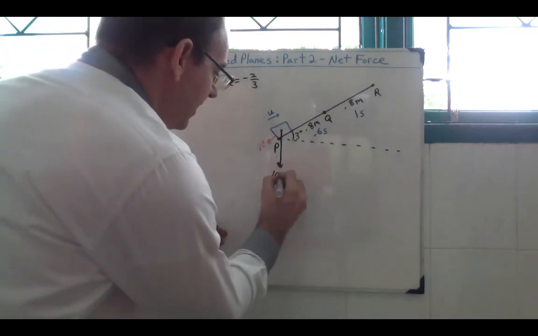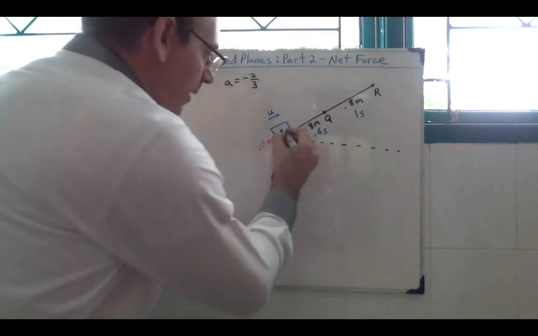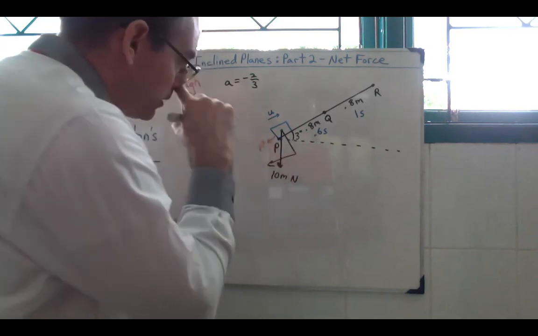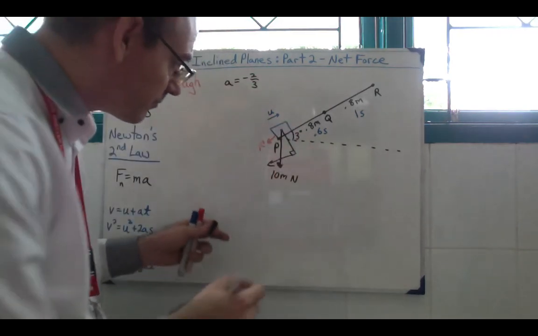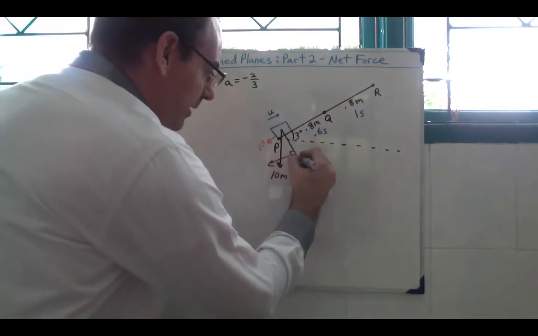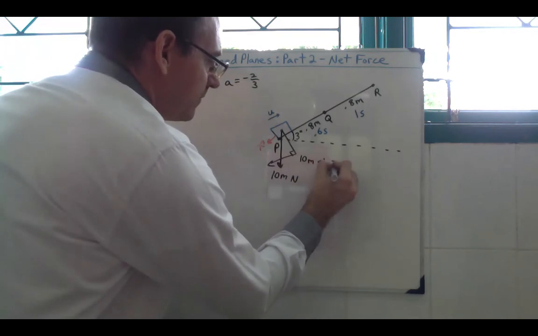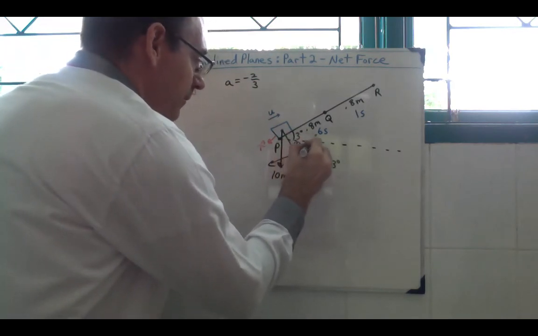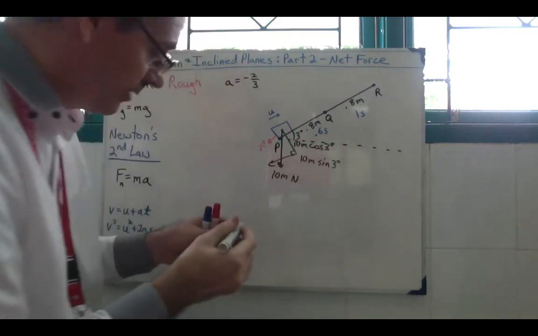So this is 10m newtons going straight down. And we want to resolve it perpendicularly and parallel to our plane. So this one coming down is going to be 10m sine of 3 degrees. And this one over here is our 10m cosine of 3 degrees.